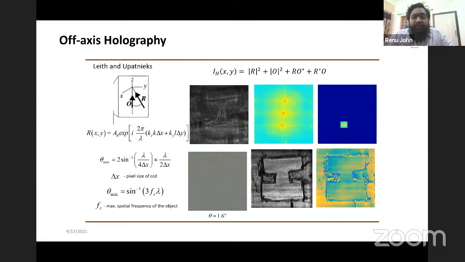This is one of the basic problems of what we call an off-axis hologram, because you have the object and the reference beam at an angle, and then it would result in three different terms, and you are essentially sacrificing the space bandwidth product of your system. Anyway, irrespective of that, you can take out one of the terms and reconstruct the amplitude and phase of the object back.